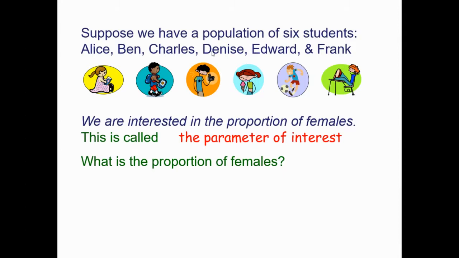So if we look at our population, what would be the proportion of females? How many females do I have here? 2. So 2 out of 6, which reduces to what? 1 out of 3. That's our proportion of females.